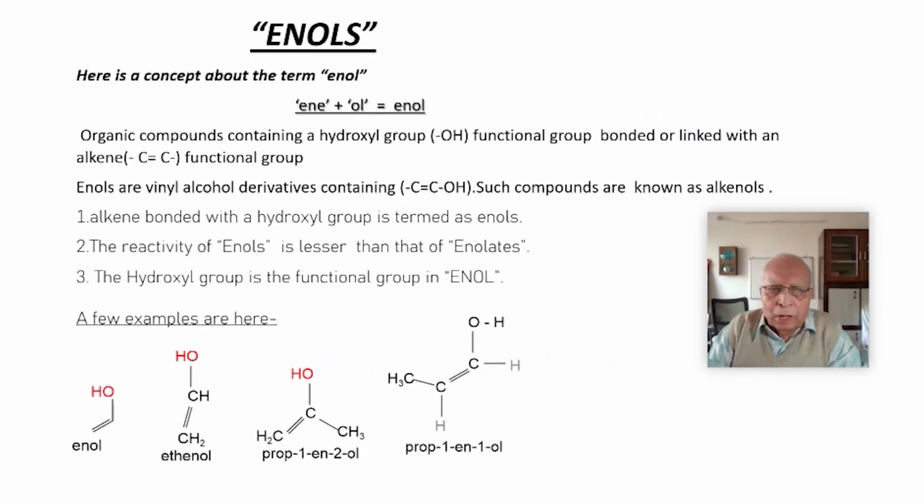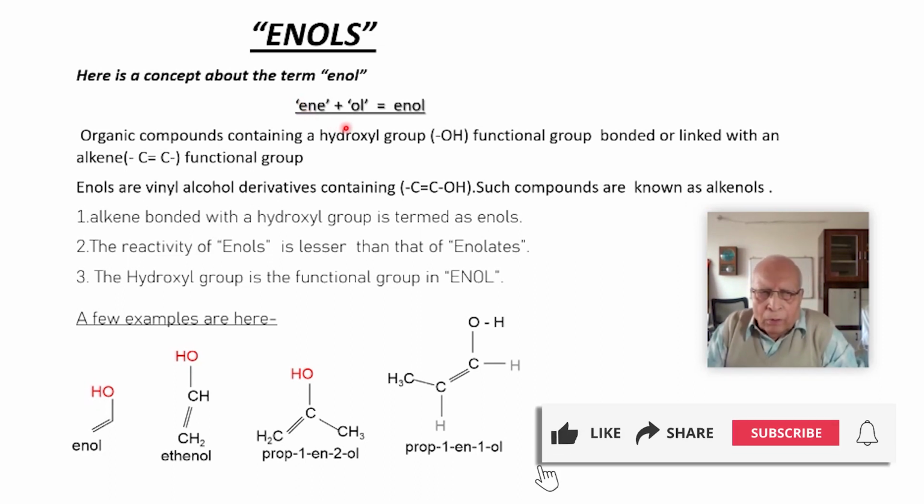Now, next we get to a type of compound known as enols. As the name itself indicates, enol comprises two terms, two different functional groups: en and ol. So, en plus ol makes enol.